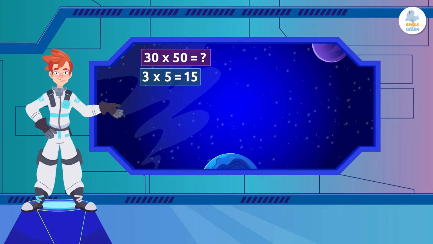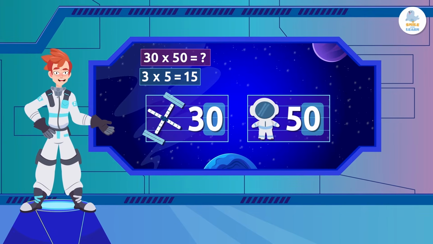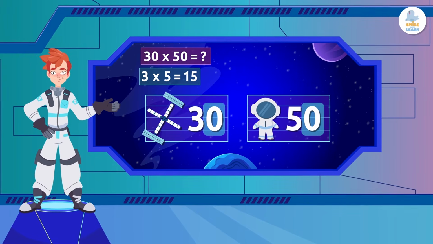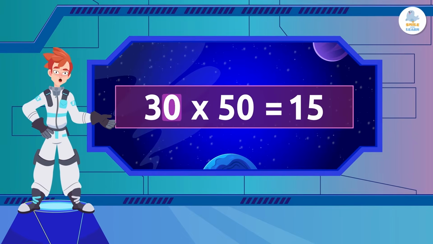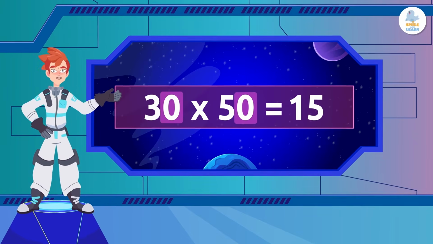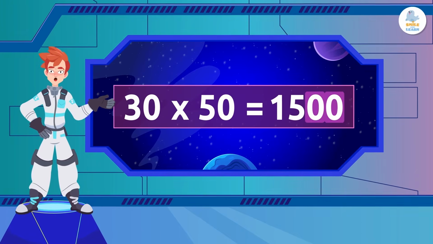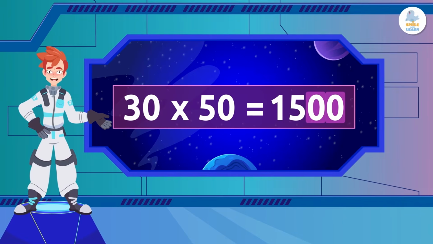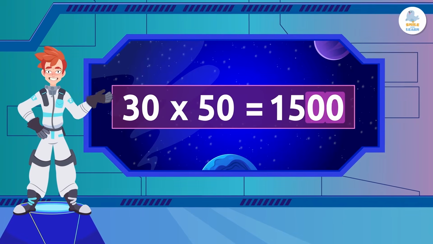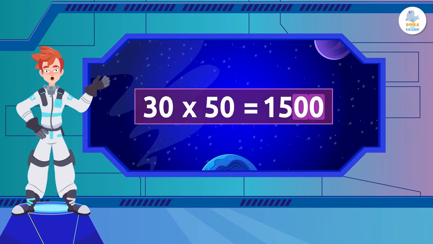15. Then we will count the number of zeros from the 2 original numbers we wanted to multiply. 30 has one zero and 50 has another, right? Well, we add them to the 15 we got from multiplying 3 times 5 and we get 1,500, which is the final answer for this multiplication.